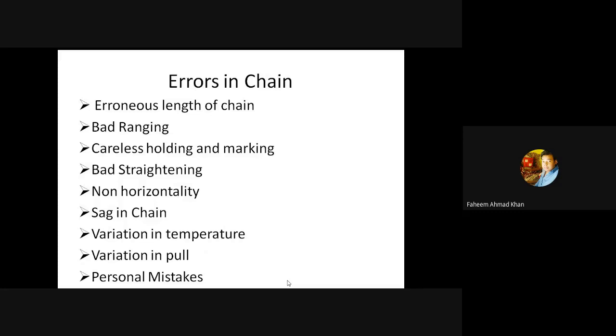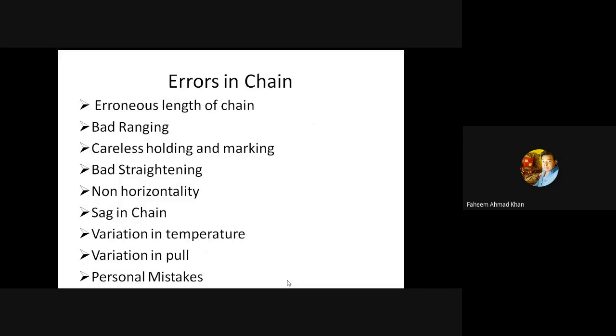The errors in chain are erroneous length of chain, bad ranging, carelessness in holding and marking, bad straightening of chain, non-horizontal teeth, sag in chain, variation in temperature, variation in pull, and personal mistakes.